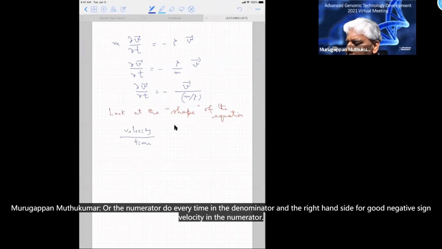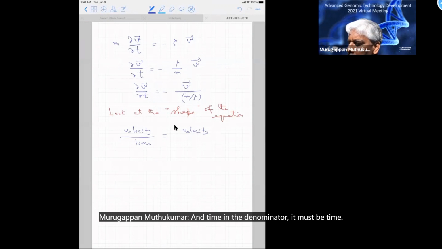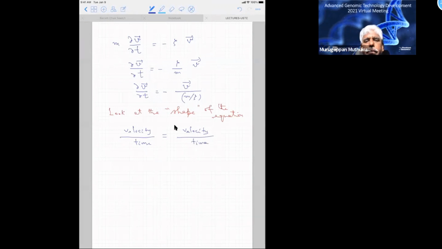On the right-hand side, forget about the negative sign, velocity in the numerator and time in the denominator. It must be time, right?